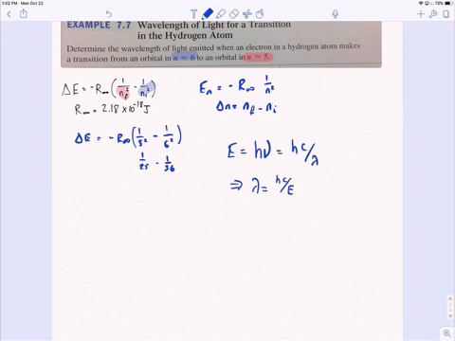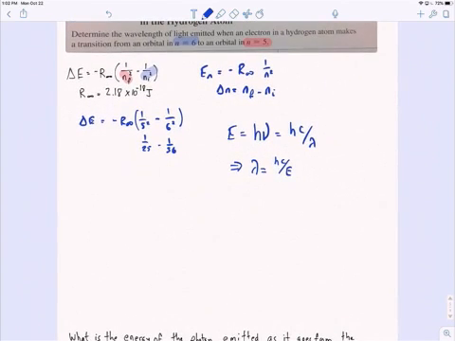Remember doing those in the previous lecture? So we can put these in. Our wavelength is equal to Planck's constant times the speed of light all over the energy, which is going to be the positive Rydberg number times 1 over 25 minus 1 over 36.